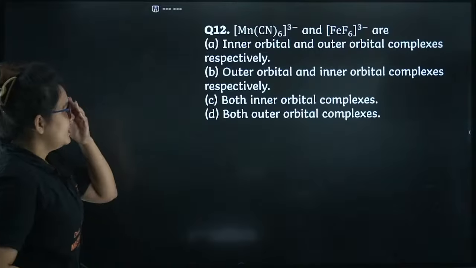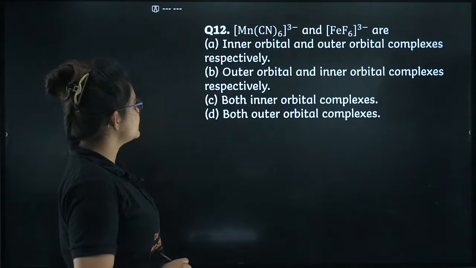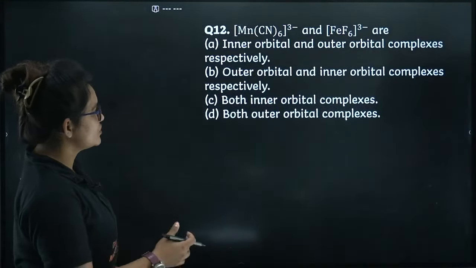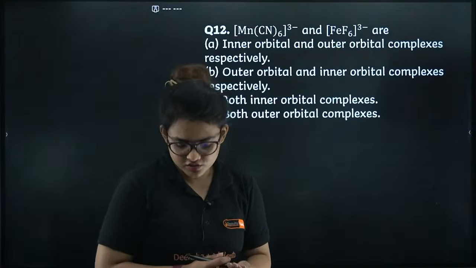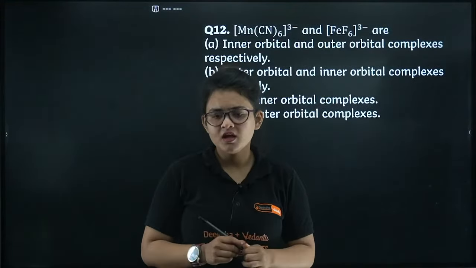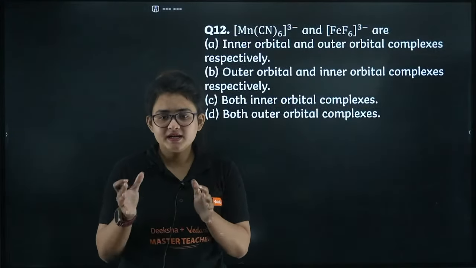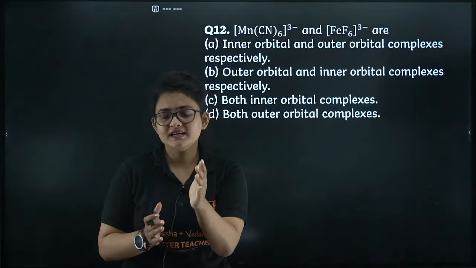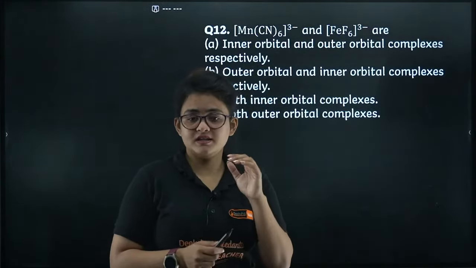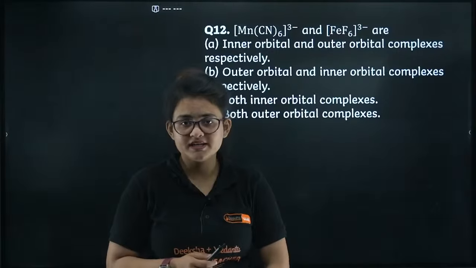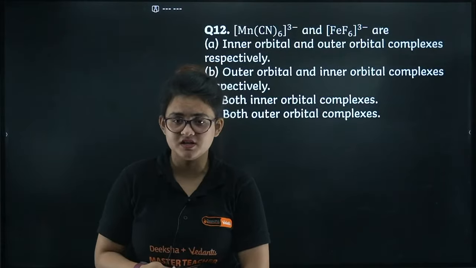Let's proceed. [Mn(CN)6]3- and [FeF6]3- are inner orbital and outer orbital complexes. Let me just explain a little bit what inner orbital and outer orbital complexes are. It completely depends upon the ligand that influences the hybridization.